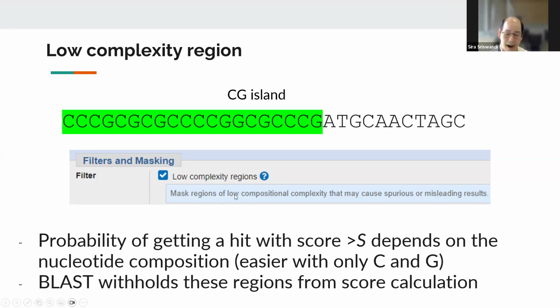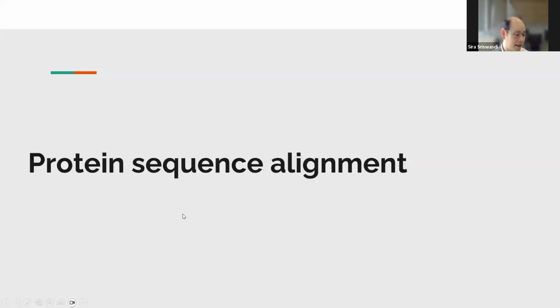It will mask, so it will basically remove any region with low complexity from the calculation, so your result will not be biased by these patterns. Something very important is on by default because most of the time you need it, but it's hidden. So I want you to know that there are these considerations inside the algorithm. Okay. So those are for nucleotide alignment.